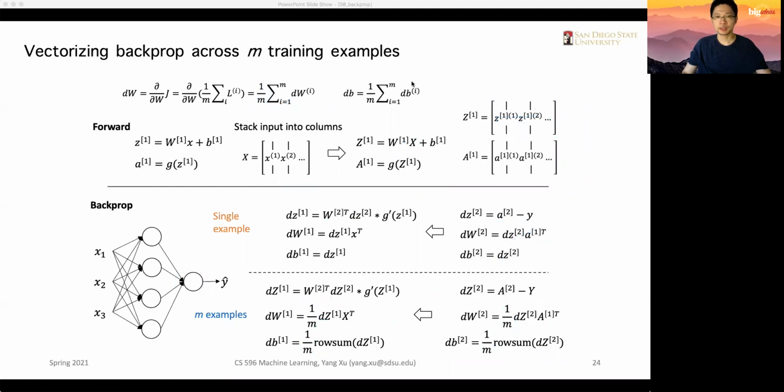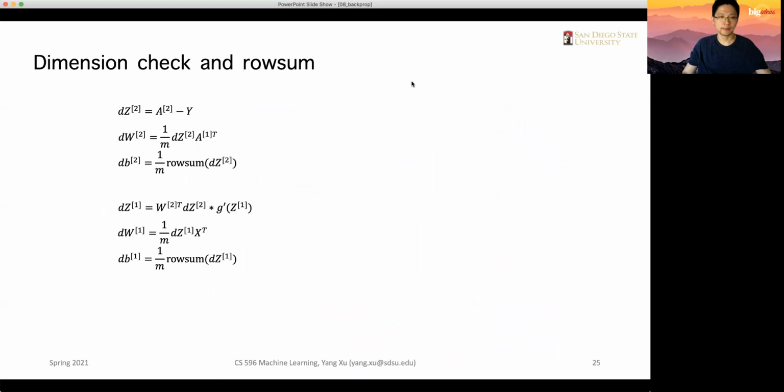Alrighty, now let's look at the next. I think at the end of the day, when we implement a network, we want it to work, and a very common and practical technique is to check the dimensions.